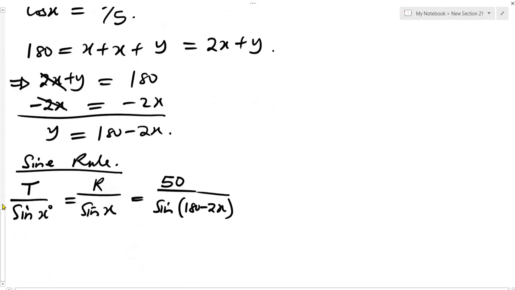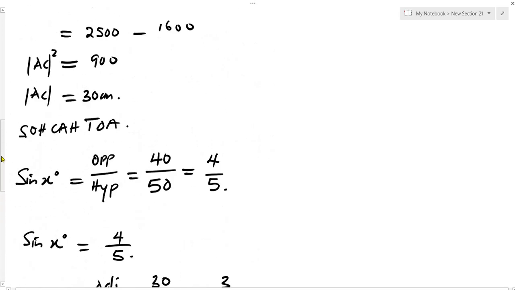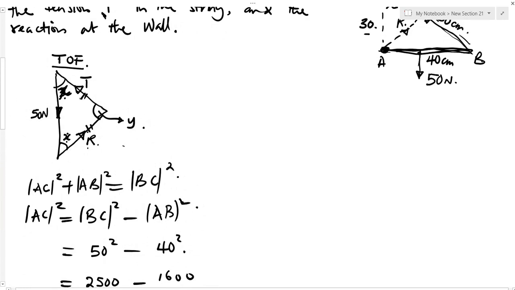Now, when you look at it, the sine rule states that the length of this side, or the force along this line for a triangle of forces, divided by the sine of the angle it is opposite to, is a constant.